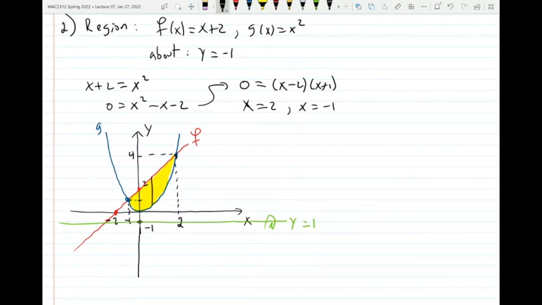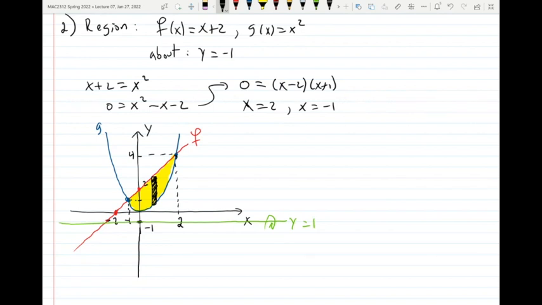But even if we had a choice, do you think it would be better to place it horizontal? In this case, would it be better to place it horizontal? It wouldn't be better, right? Notice that if you place it vertical, it's always the case as you move from left to right that the red is on top and the blue is on the bottom. If you place it horizontal, what's going to happen?